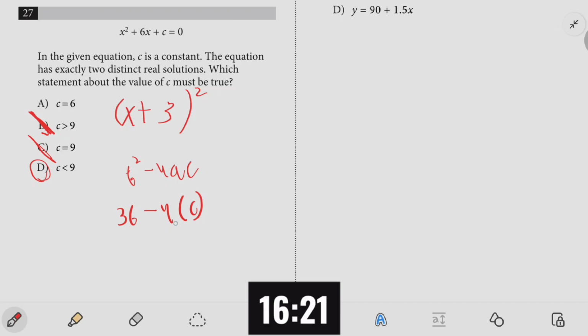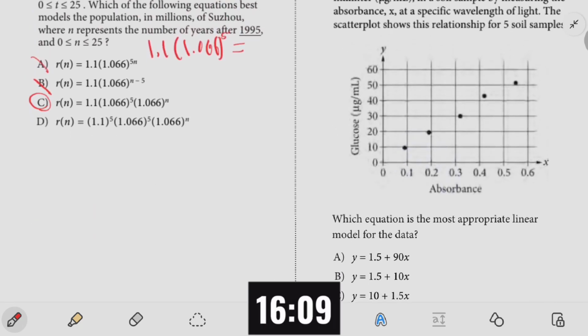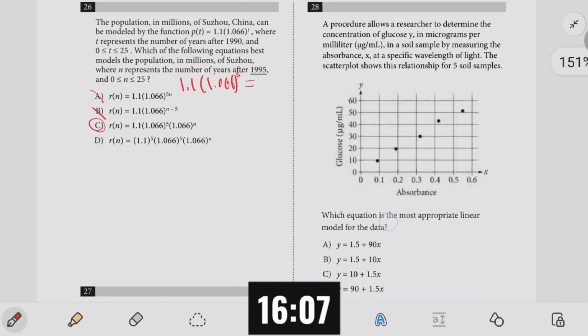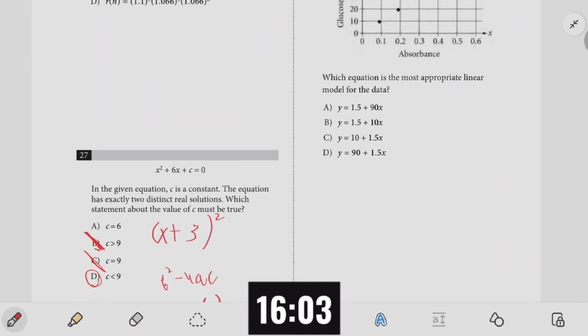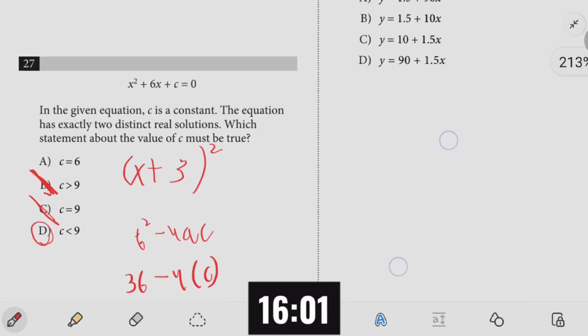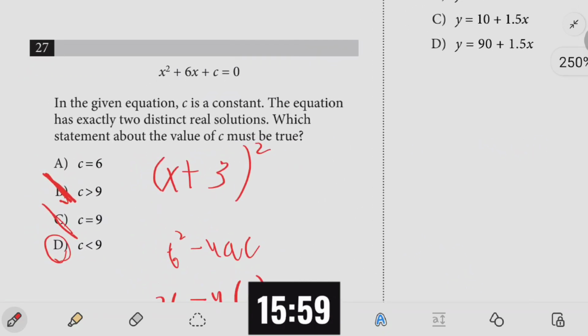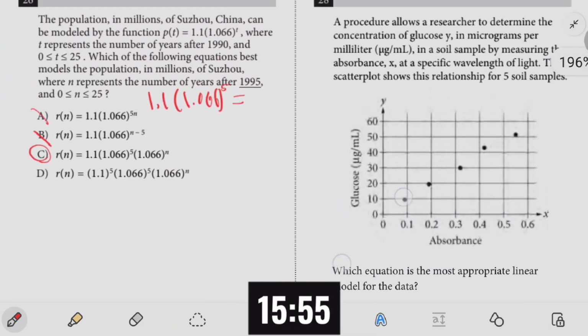C cannot be greater than 9, that gives you negative. But C equals 6 will give you two solutions, but so would C less than 9. Two distinct real solutions. Yeah, I'm going with D.